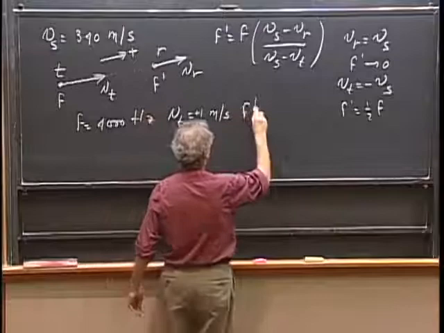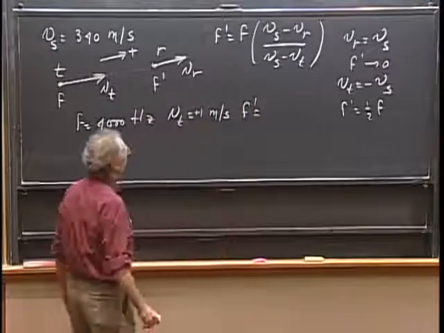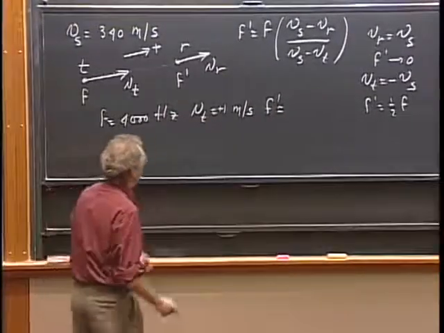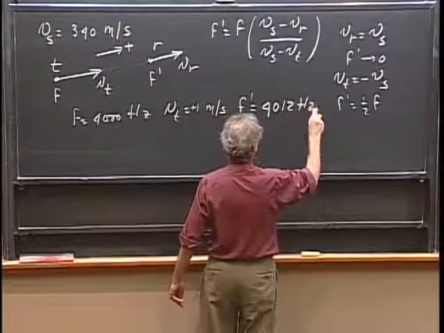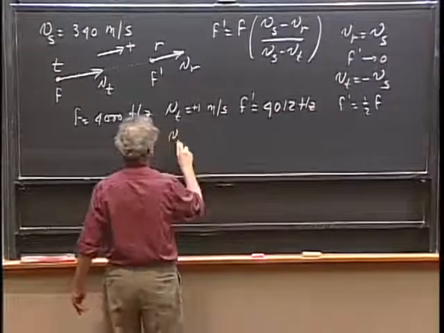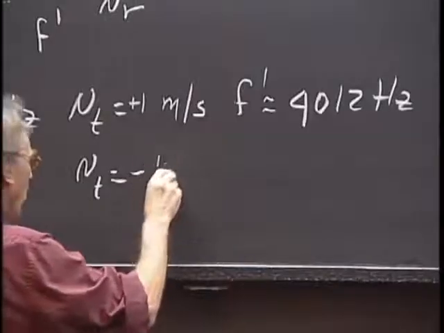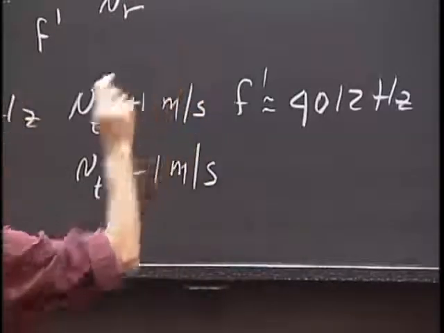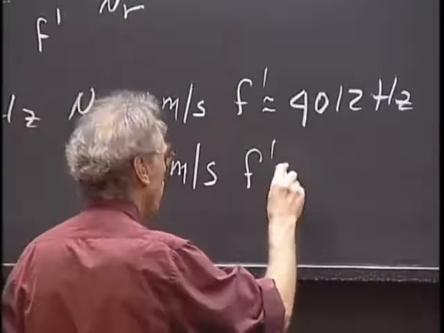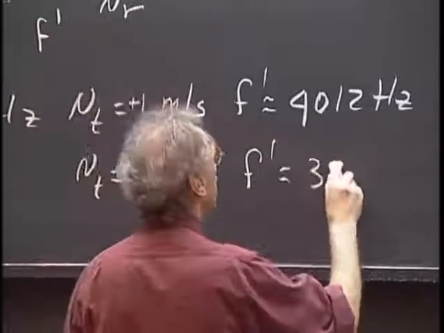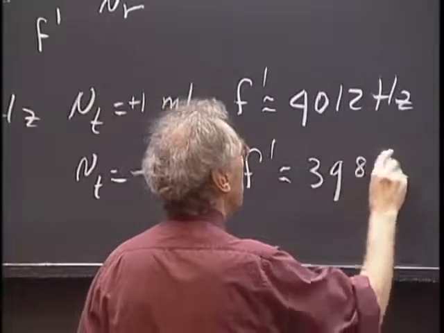And then you should hear an F prime, which is about 0.3% higher than F, so it's about 4,012 hertz. And then I will move my hand away from you with about 1 meter per second, so I have to put a minus sign in there, and then I will find that the frequency that you will hear is about 3,988 hertz.